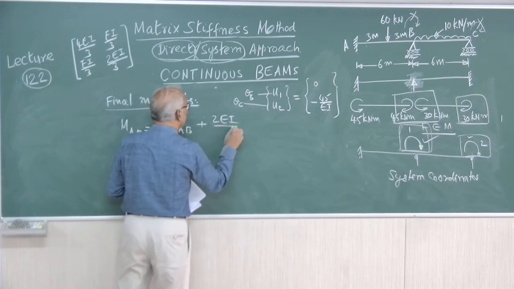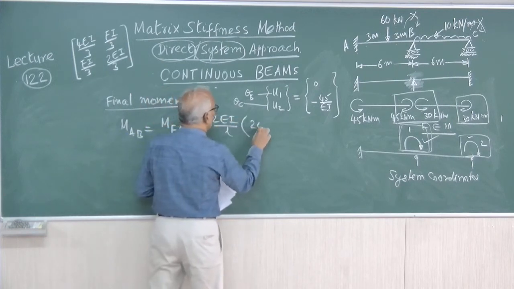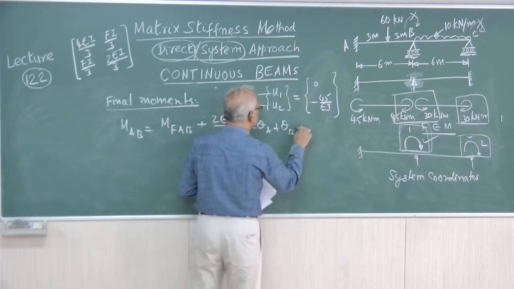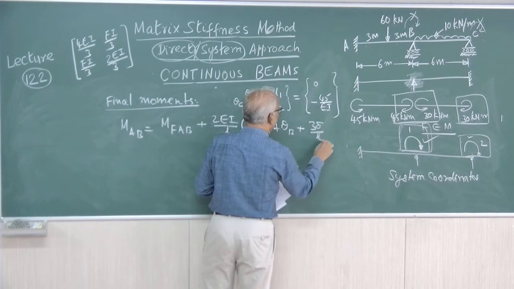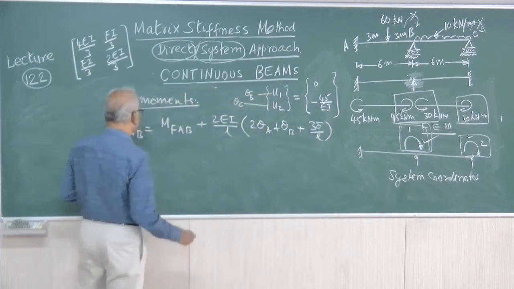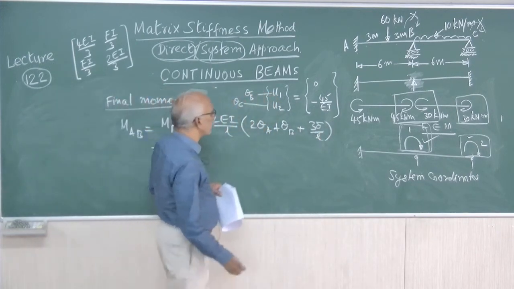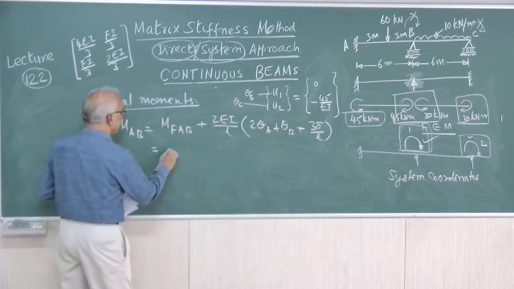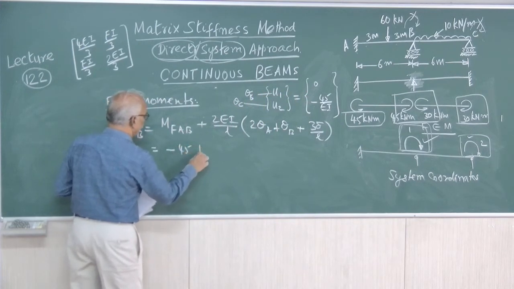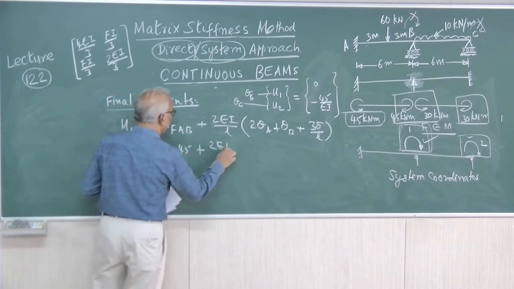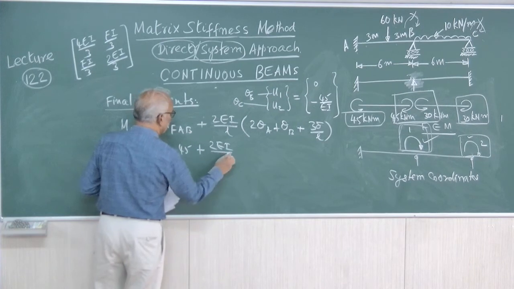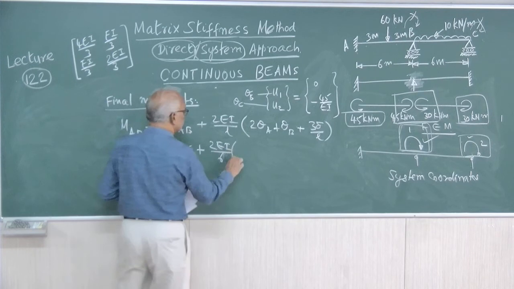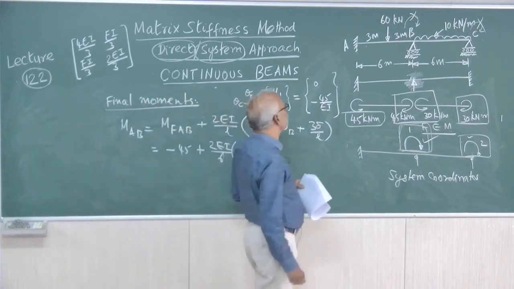MFAB plus 2EI by L into 2 theta A plus theta B plus 3 delta by L. Now here, in our case, MFAB is minus 45, plus 2EI for the span AB. L for AB is 6 meters.